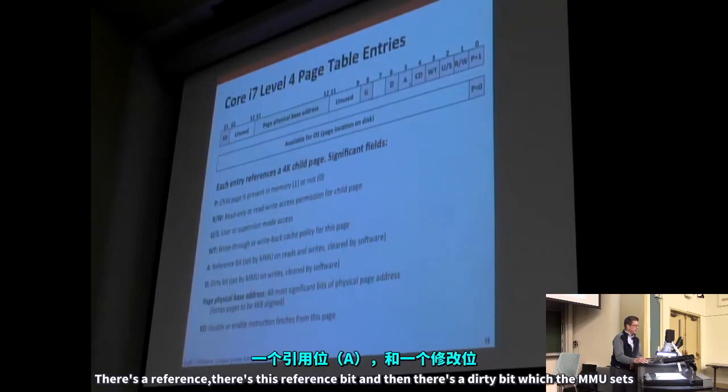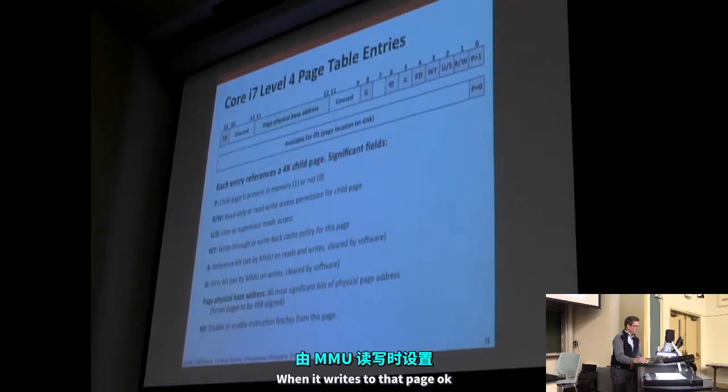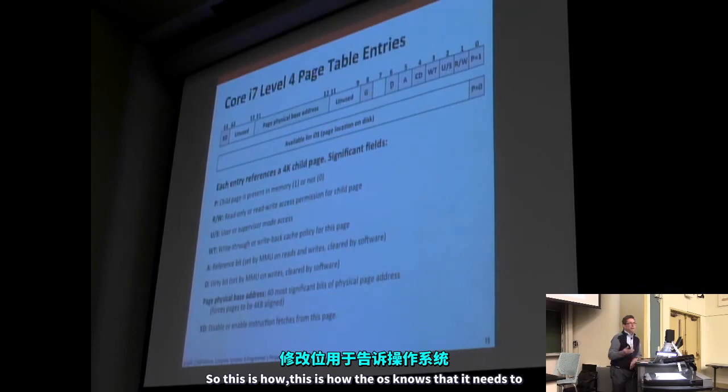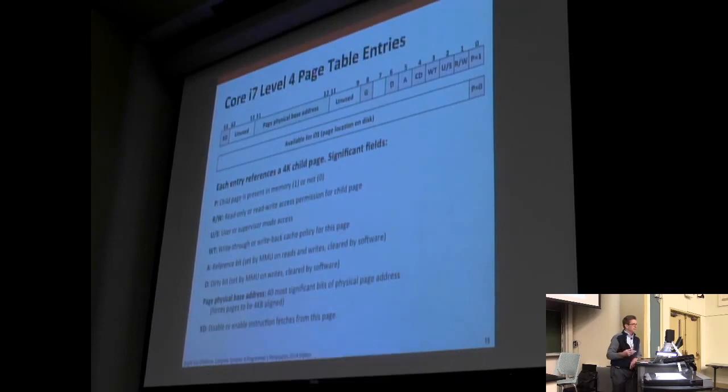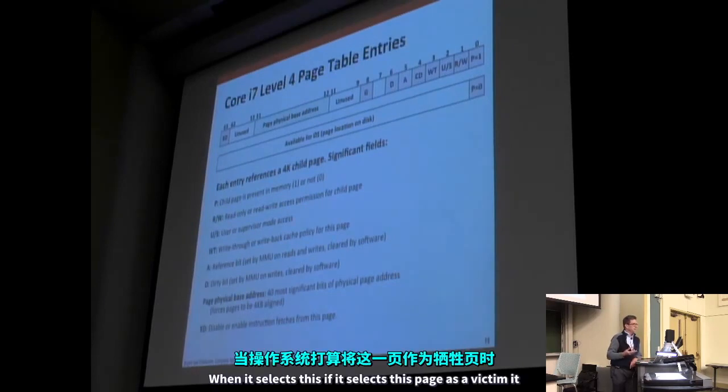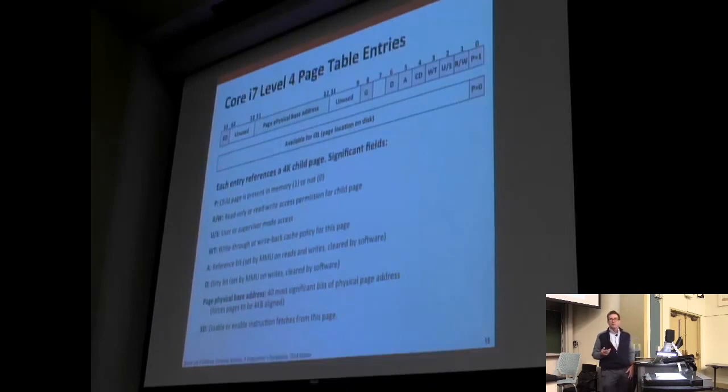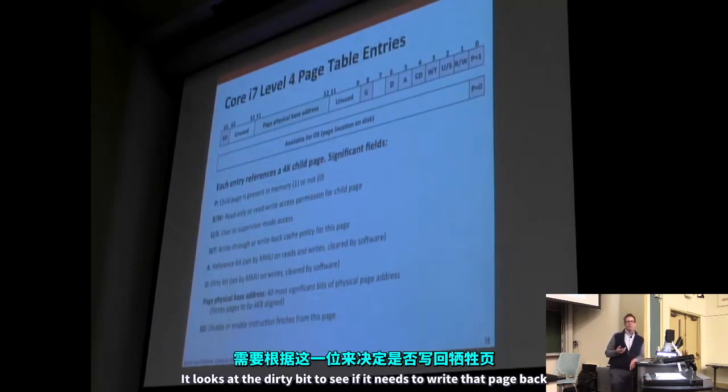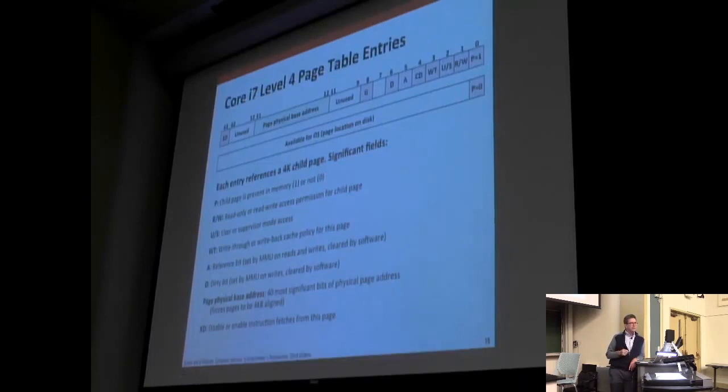There's this reference bit, and then there's a dirty bit which the MMU sets when it writes to that page. This is how the OS knows, when it selects this page as a victim, to look at the dirty bit to see if it needs to write that page back.